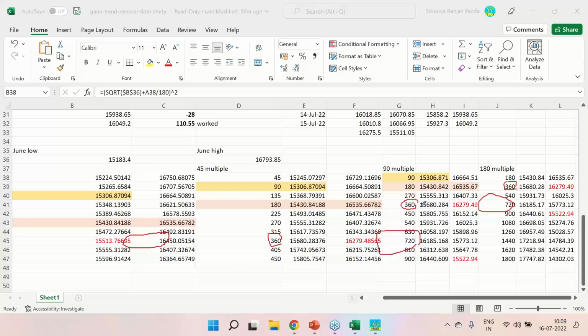So the monthly top and bottom will form. So far, what has happened? From where did the reversal happen? 16,275.